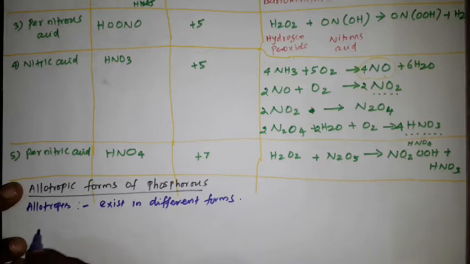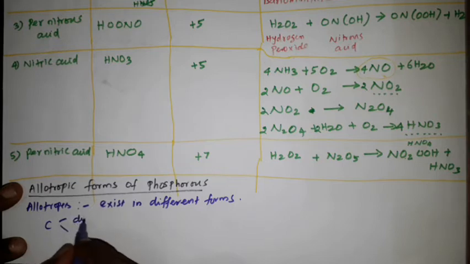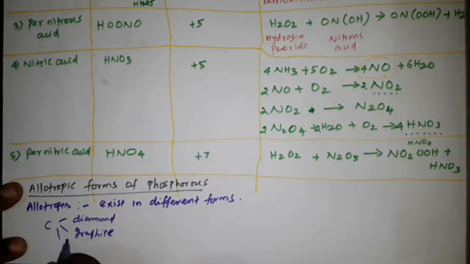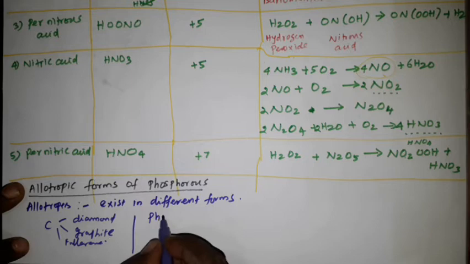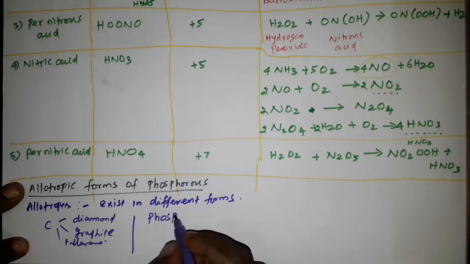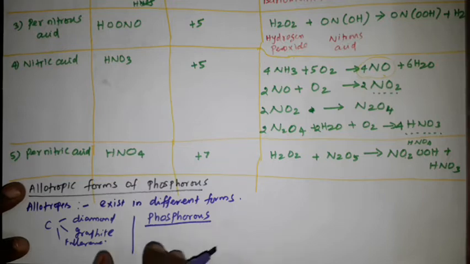For example, for carbon we studied diamond, graphite and fullerene. Like that, we have studied many allotropes of carbon. So here for phosphorus, three major allotropes are there.